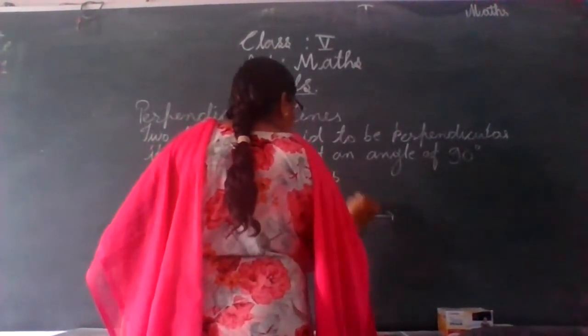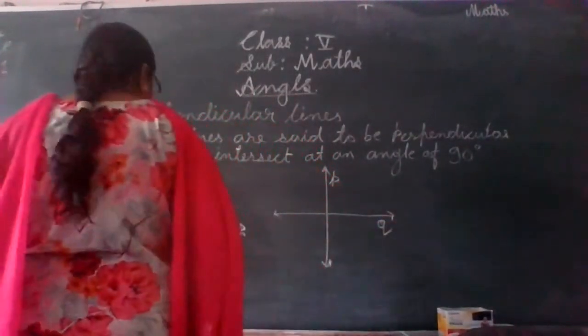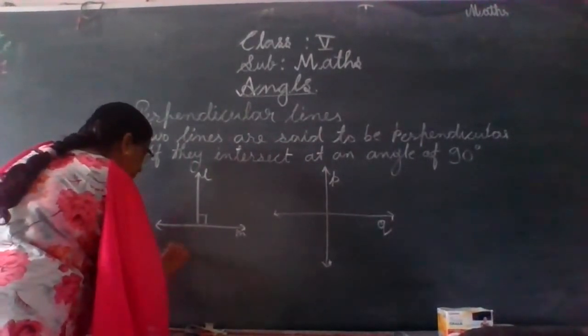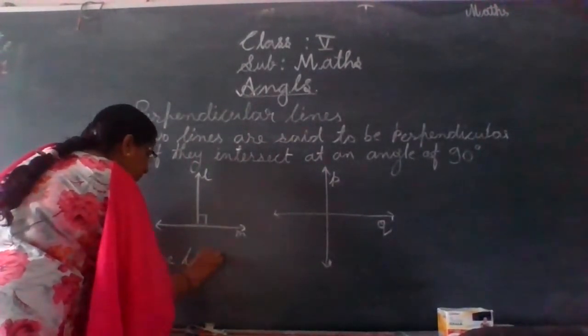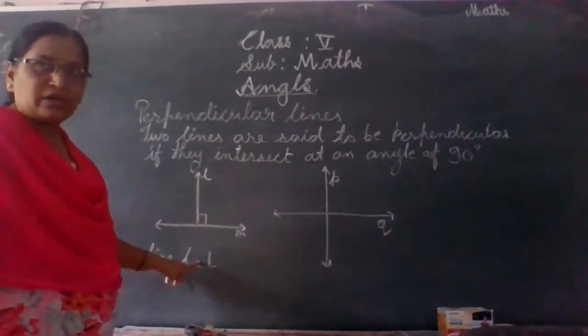It is P and it is Q. So line L, see beta, this symbol shows perpendicular.